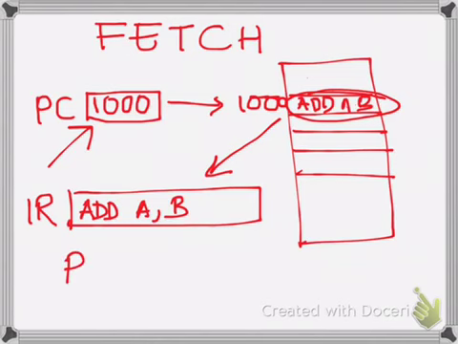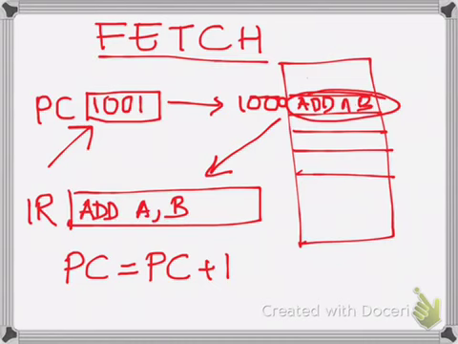So the program counter is incremented to point to the next location. If our next location is 1001, then the program counter now will contain 1001. This is what happens during the fetch cycle.